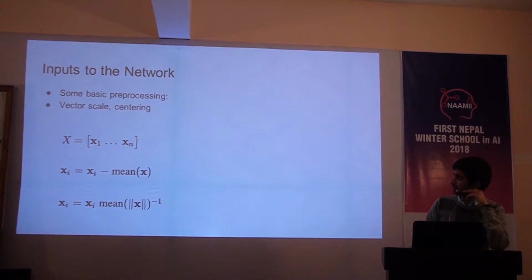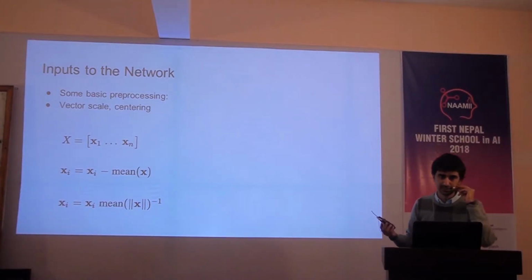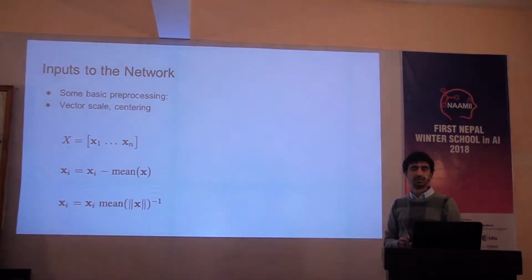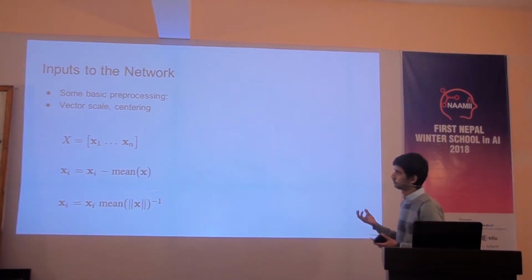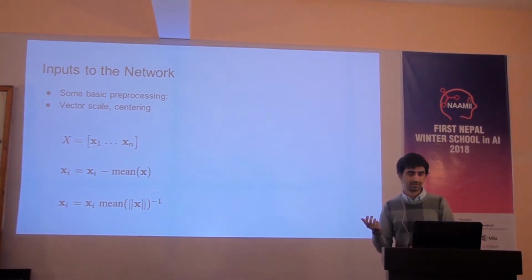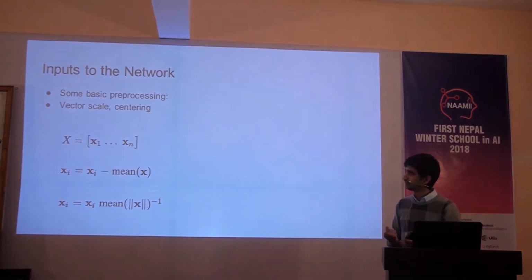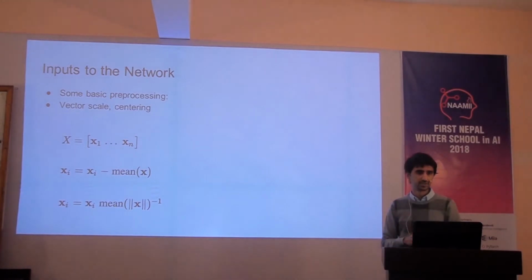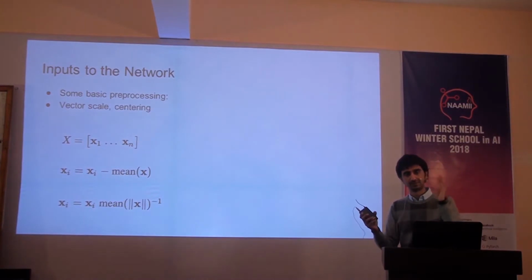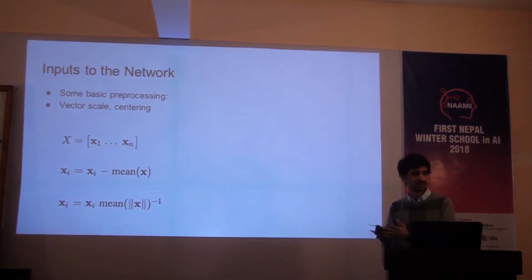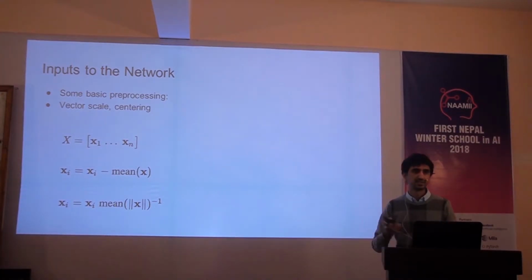We need to do some pre-processing before we feed the data, because there are still some things that we don't want the network to be variant to. Take the example of point clouds. You might have point clouds in different scales. You might have a house represented in meters or in centimeters, and that changes the scale.